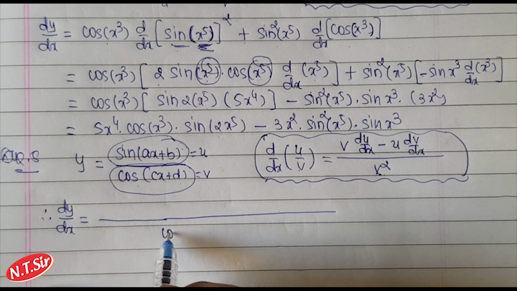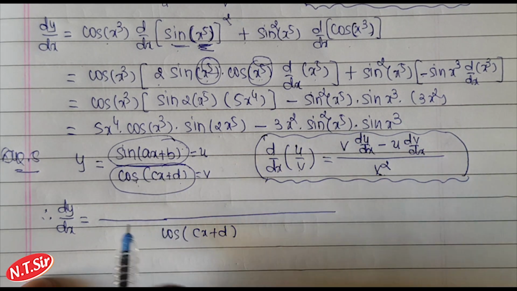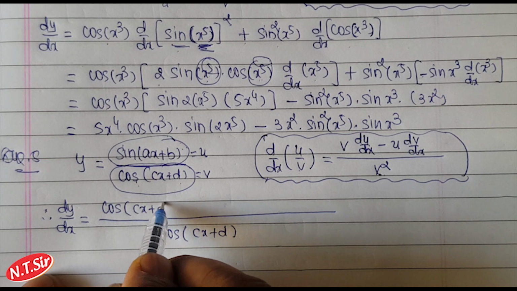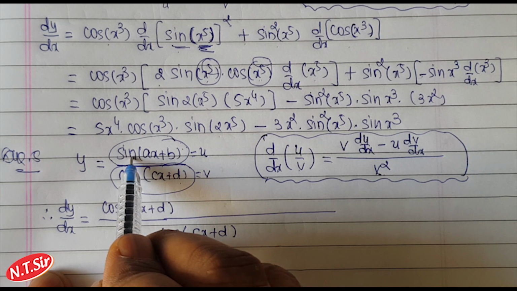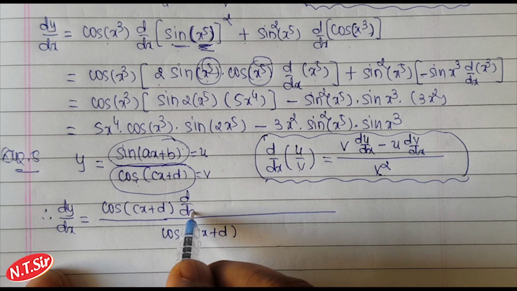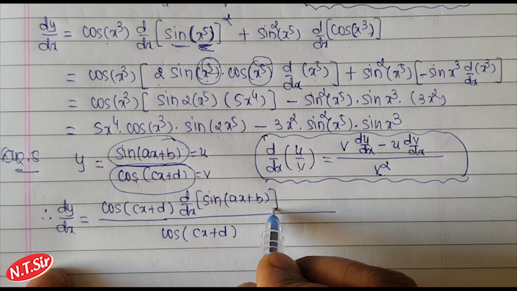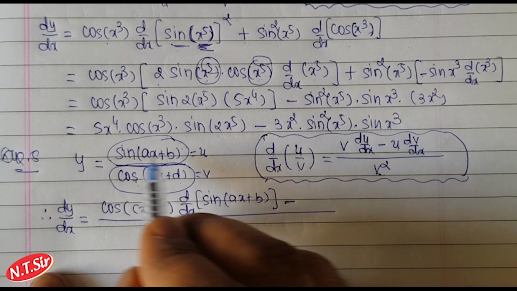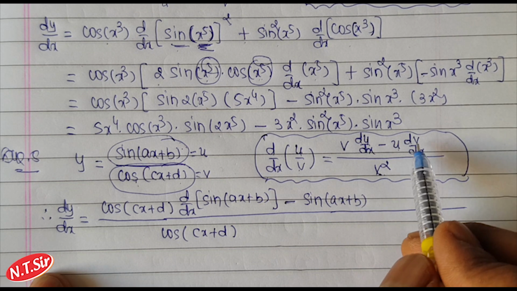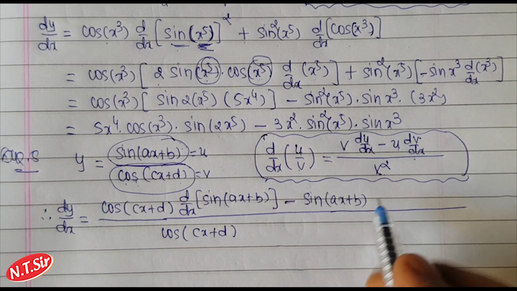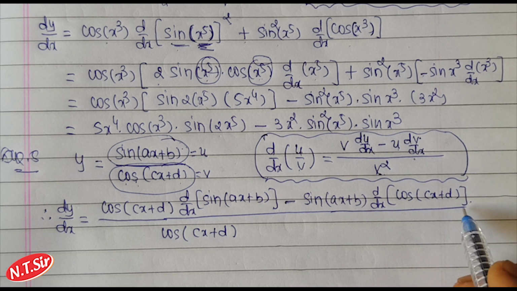So here denominator is cos(cx plus d), denominator as it is, that is cos(cx plus d) as it is, derivative of u, that is numerator, u is here, sine(ax plus b), so derivative of sine(ax plus b), that is d/dx of sine(ax plus b), minus u, numerator as it is, that is sine(ax plus b) as it is, derivative of denominator is cos, so derivative of cos(cx plus d), right? Got it?